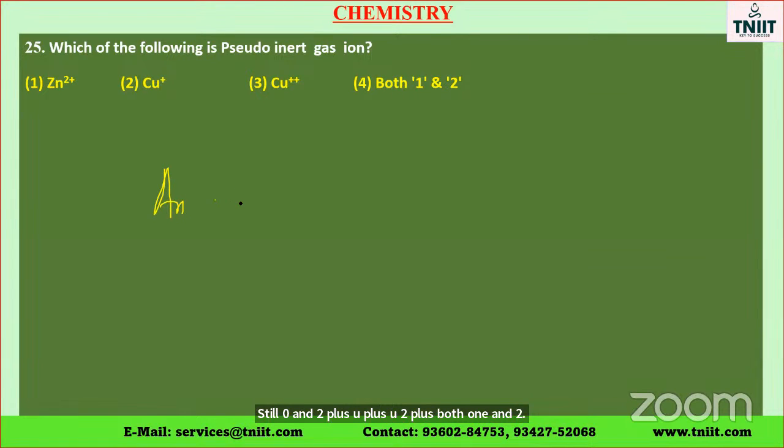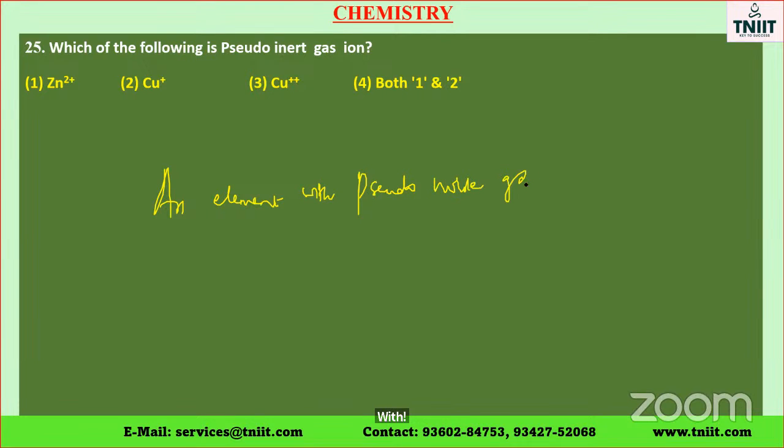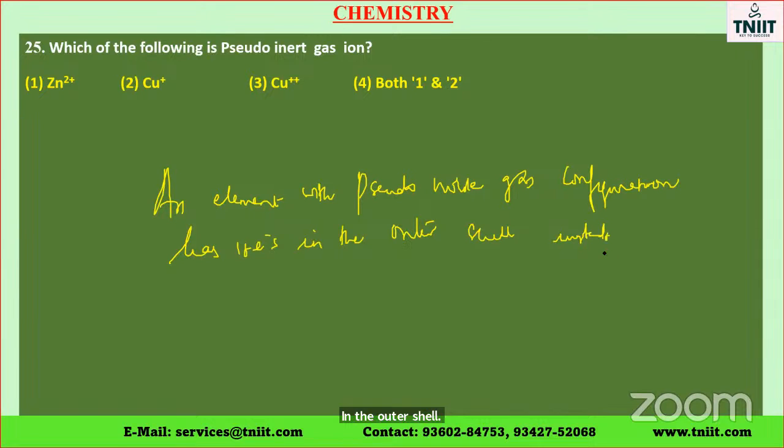So an element with pseudo noble gas configuration has 18 electrons in the outer shell instead of 8 electrons.